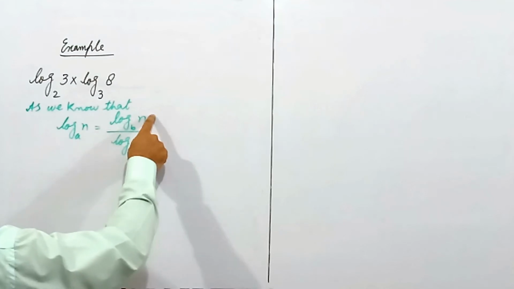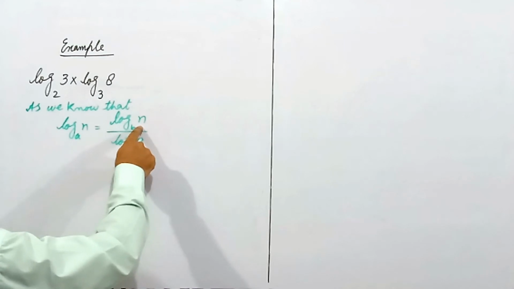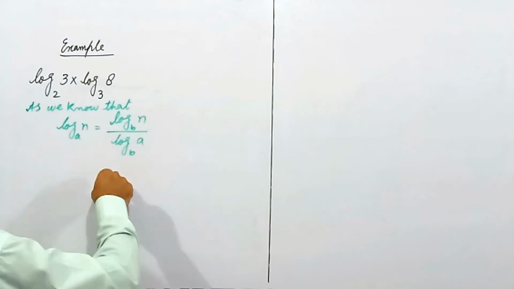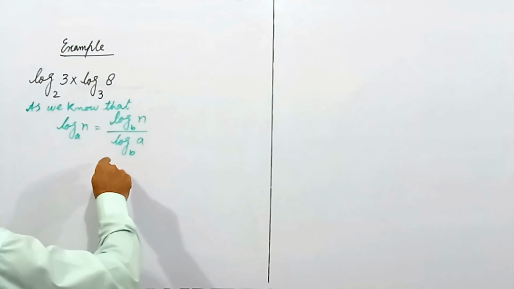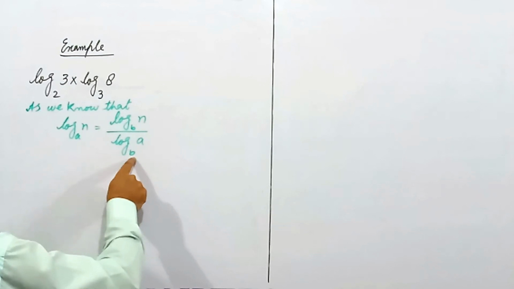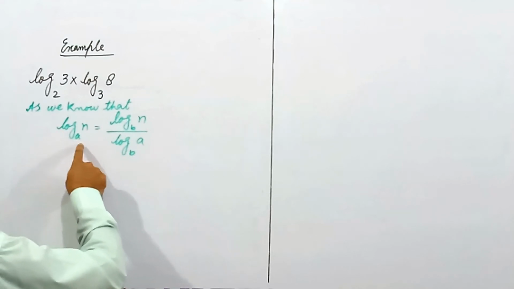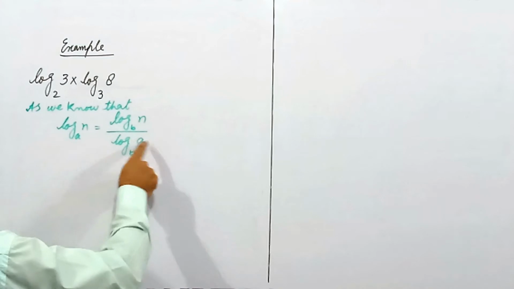So log n to the base b, where b is an arbitrary base, the base which we choose ourselves as a common base, and in the denominator the base will be the same, log a to the base b.